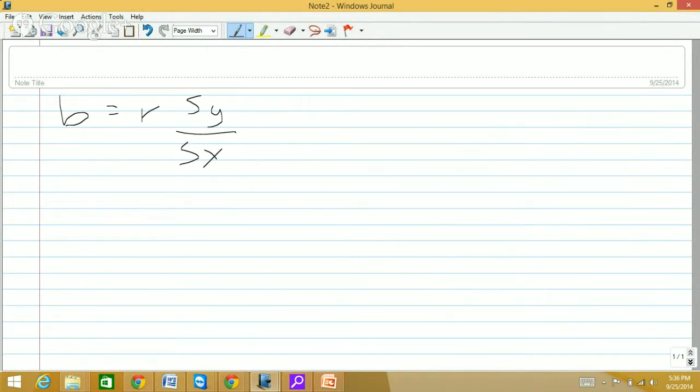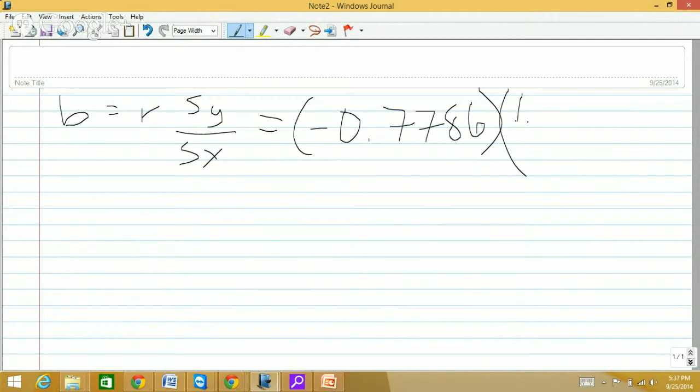They gave us the R. The R was negative 0.7786. And they gave us both of our standard deviations, the 1.13, and you should not round until the very end, but because I'm running out of room, I'm going to round right now, but do not round until you have your final answer, okay? 257.66.